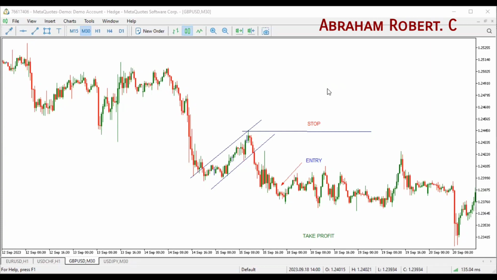No matter the pattern that is being formed, always wait for the break and the retest of the structure, whether vertical or horizontal. Wait for it to be broken and retested. I don't want us to complicate things.